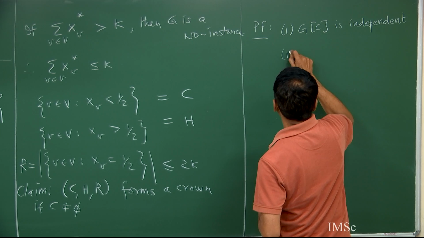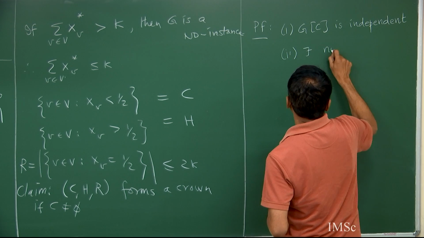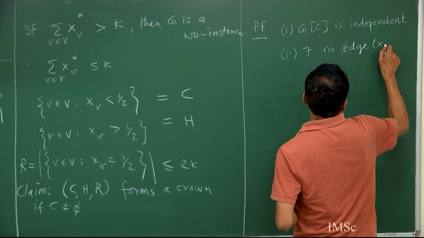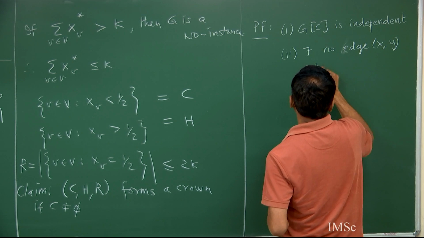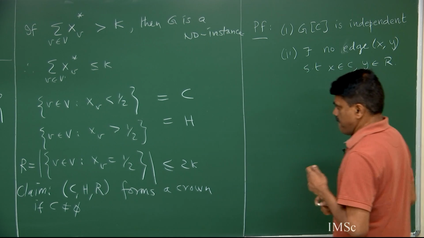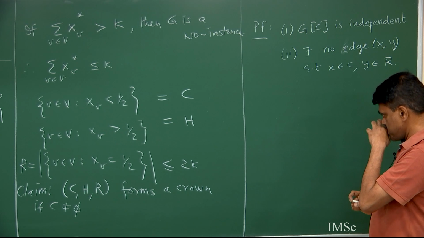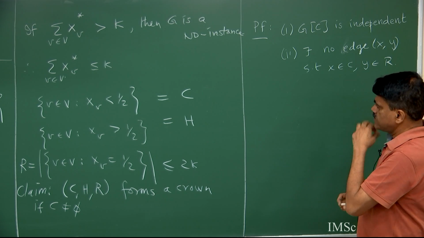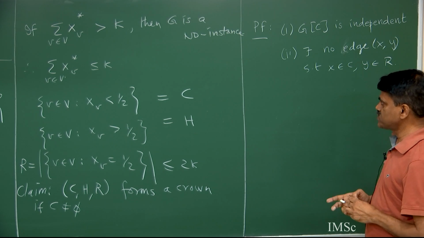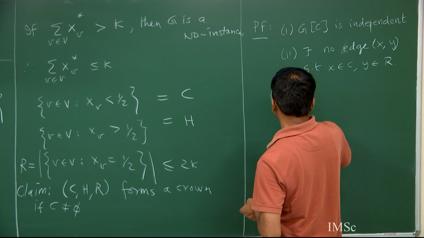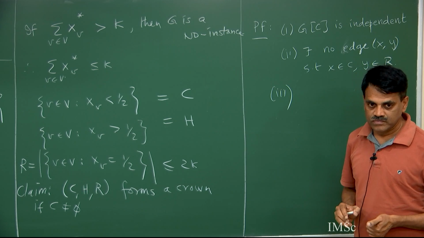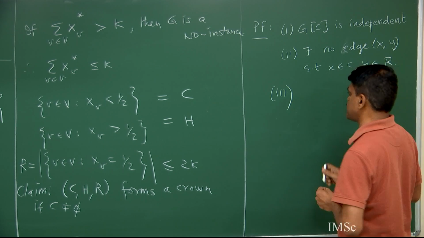Okay. The third property is the more interesting, challenging one to show. What is the other one? What's the property of a crown? There is a matching that saturates H, right?